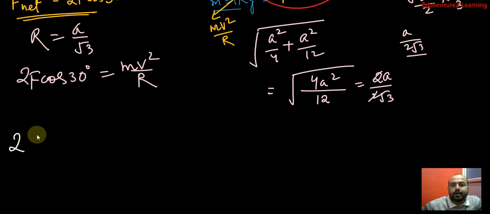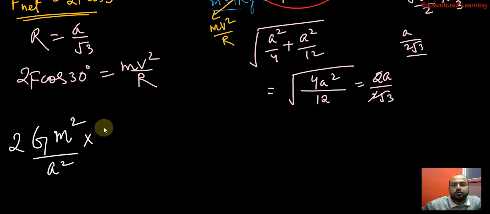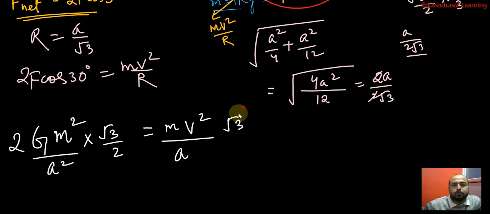Now 2F, where F is G m1 m2 upon a square, the masses are the same, so 2 G m square upon a square, times cos 30, which is root 3 upon 2, equals mass m, v square upon r, where r is a upon root 3. So root 3 is cancelled here, one a and mass one m cancel.